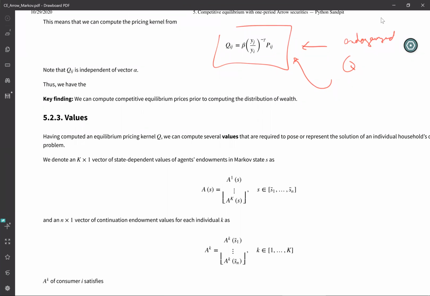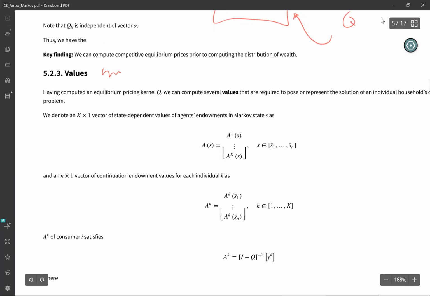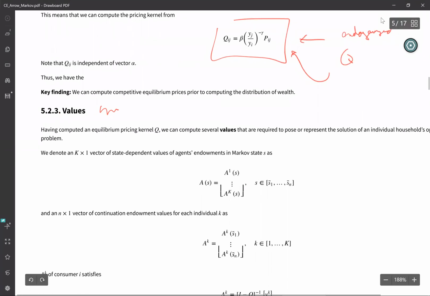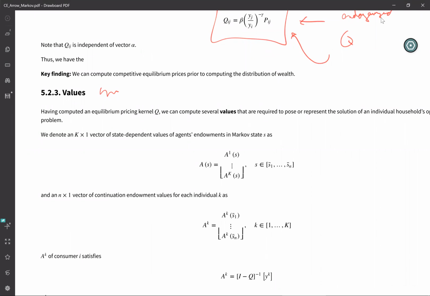Okay, so now what we want to do is compute values. I'm going to need some values, and I'm going to use asset values. I'm going to do some asset pricing, so I have this formula that I got from asset pricing that I'm going to apply.